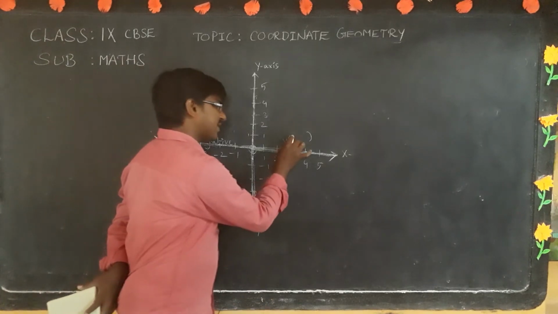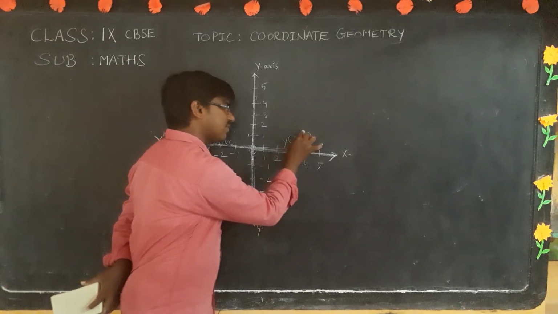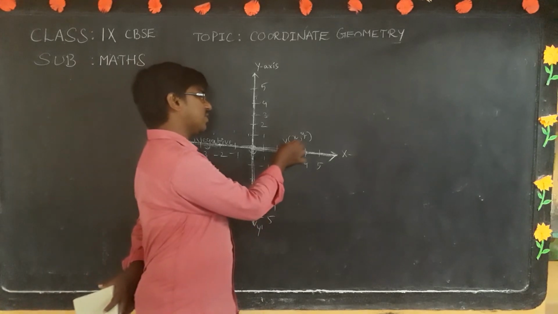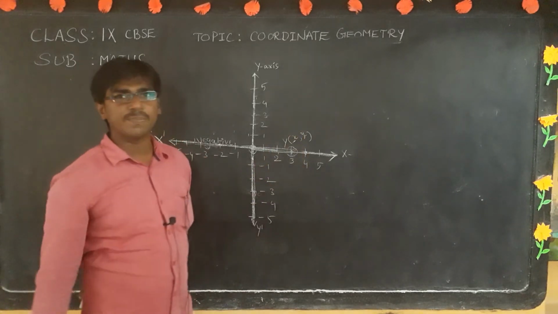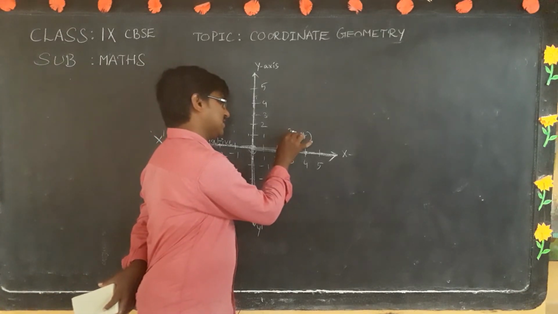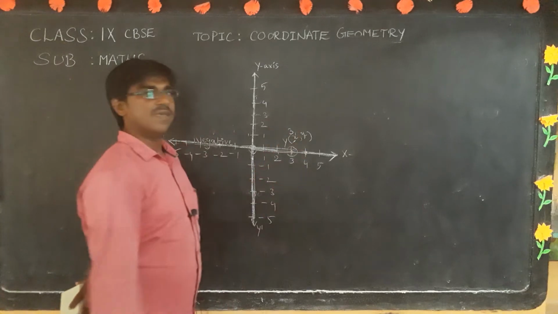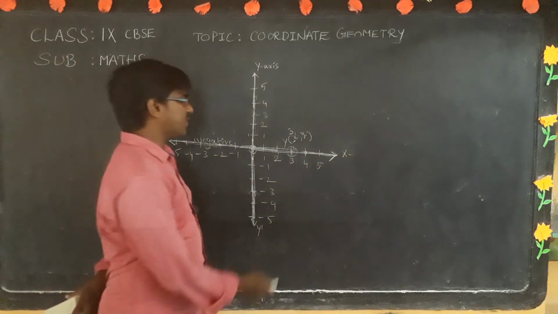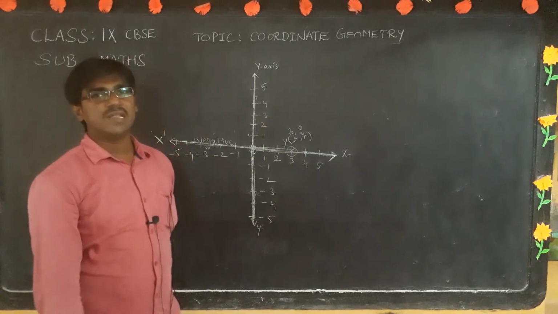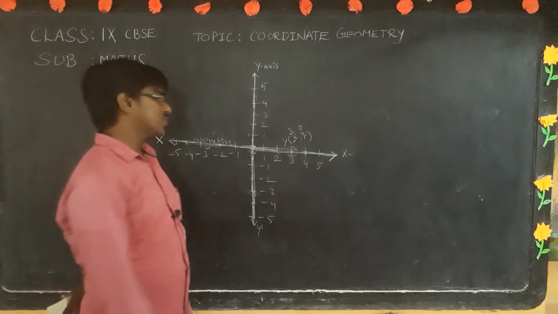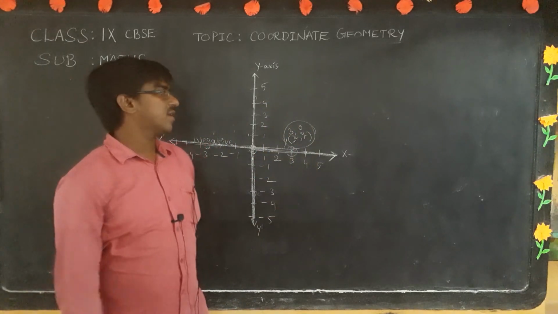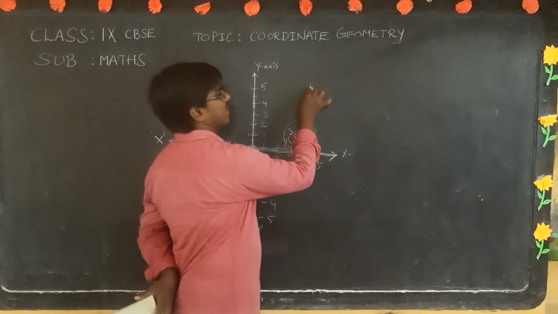First we write the x coordinate, and then we write the y coordinate. The x coordinate is the perpendicular distance from the y axis, that is 3. And the perpendicular distance from the x axis, the y coordinate, is nothing but 0. 3, 0.